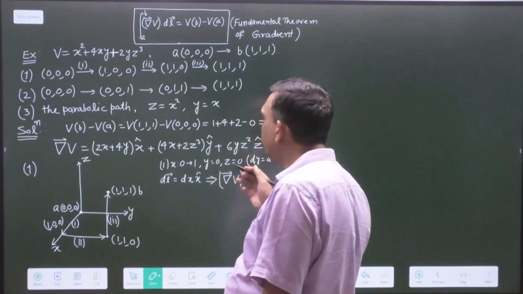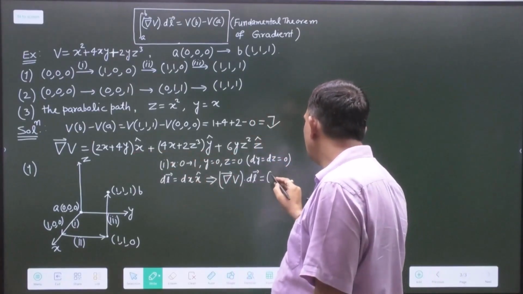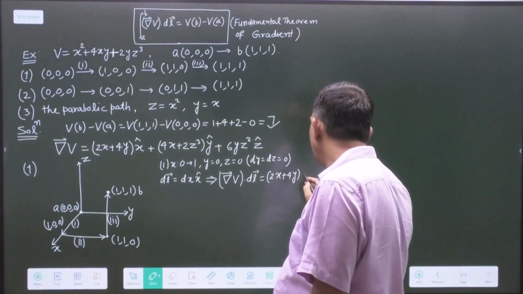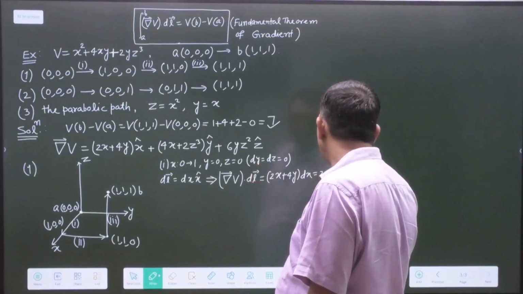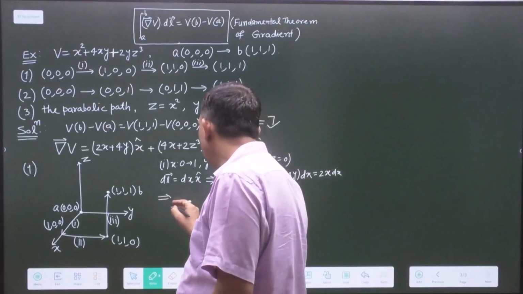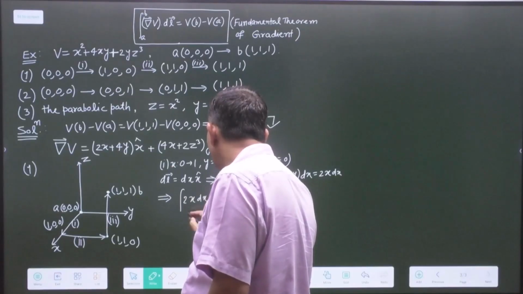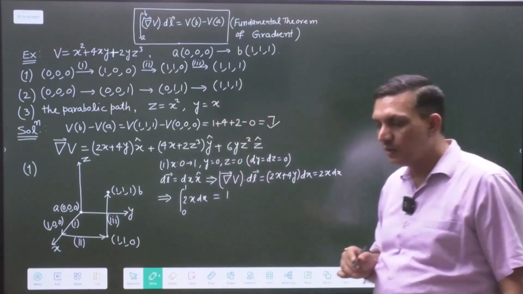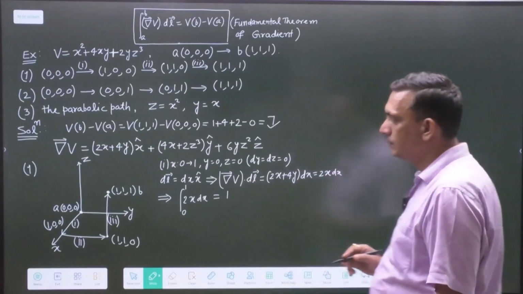It will be (2x plus 4y) dx, and because y is 0, this will be simply 2x dx. So the integral of 2x dx for x from 0 to 1 is 1. So along segment 1, gradient V dot dl gives 1.